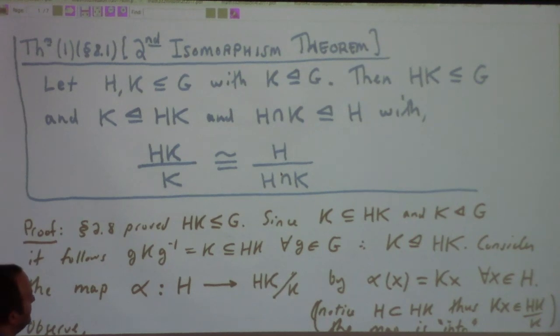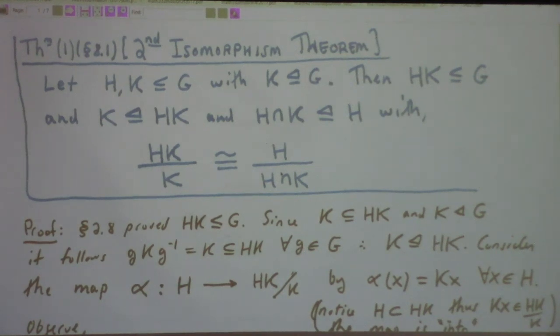Let's see here. I'm trying to think what the right picture is for this. So here's G, right? We've got subgroup H. We've got subgroup K. Oh, I guess HK is up here, isn't it?